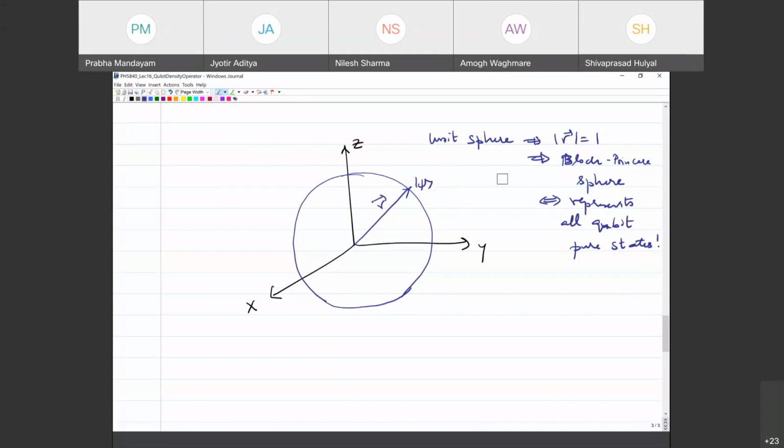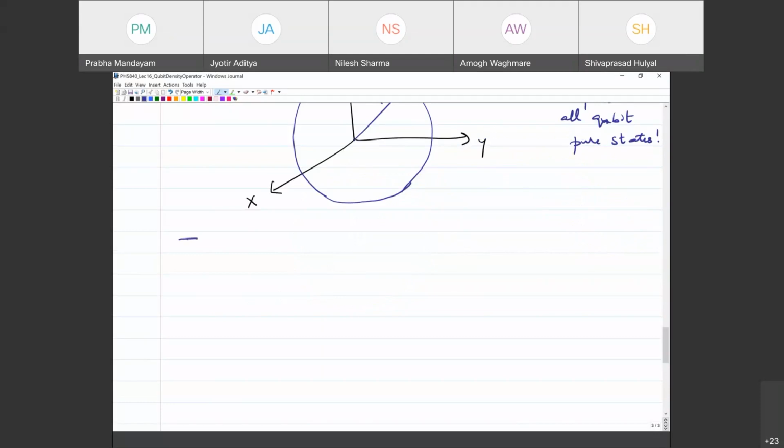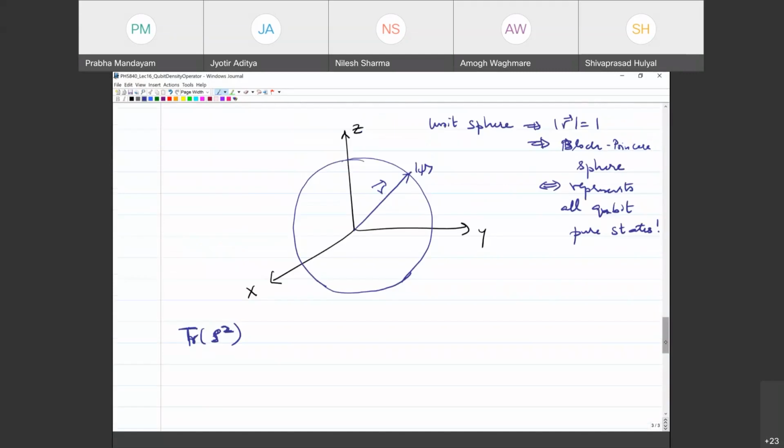So what I can simply do is to take this condition, which is trace rho squared. What do we know about pure versus mixed in terms of trace rho squared? For pure, it will be same as trace of rho, that is 1. If it is mixed, what happens?